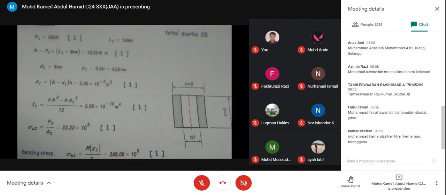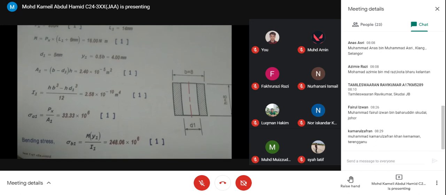Okay, Y1 ni ialah distance from the neutral axis. Dia punya Y1 0.5 B. Okay, yang sebenarnya daripada moment punya bending stress MY divided by I tu.